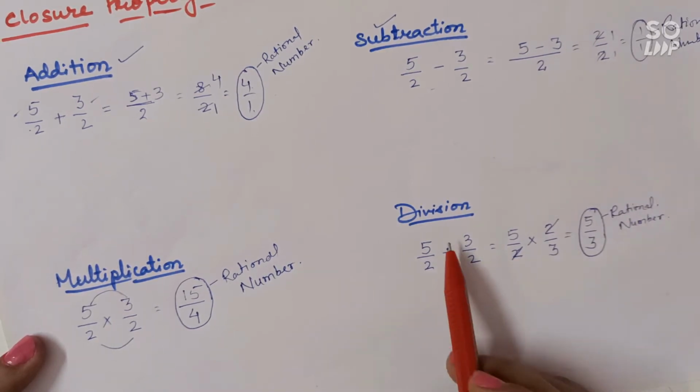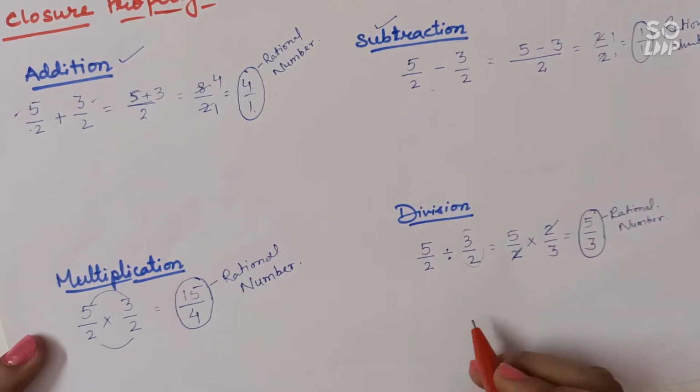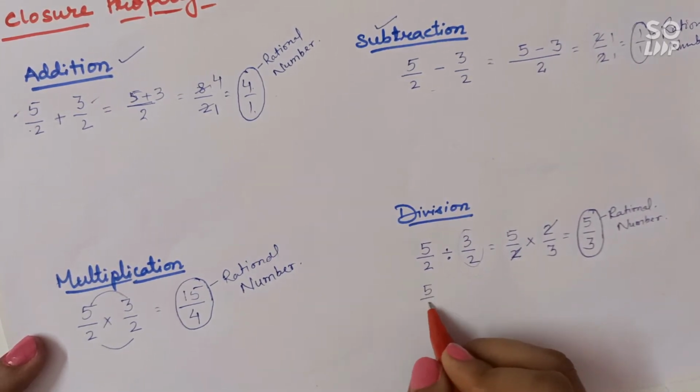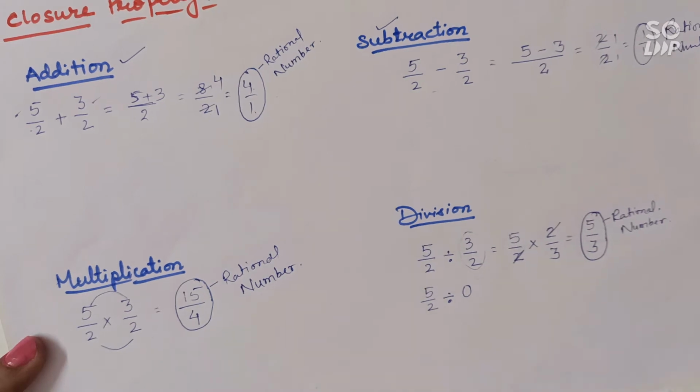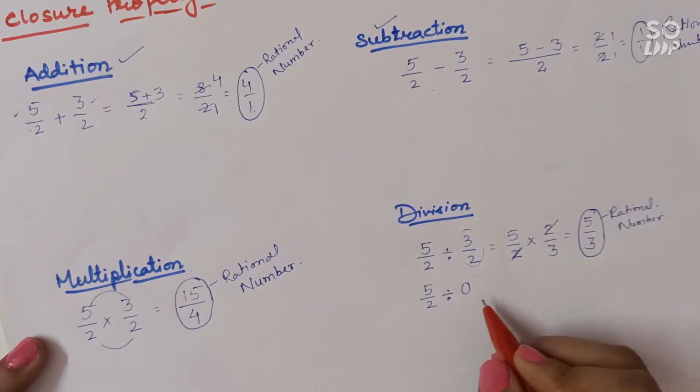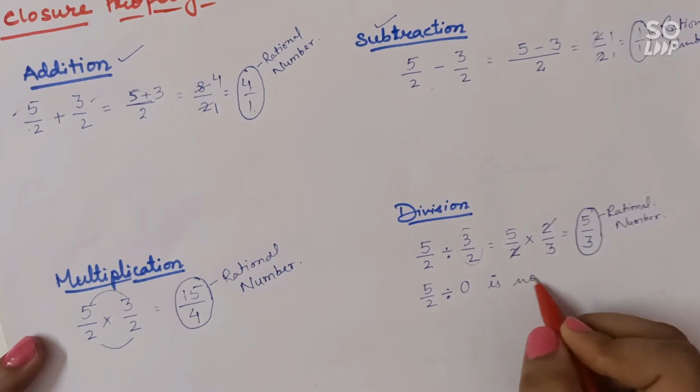But there is a condition. If the second number is 0, in case it is 5/2 divided by 0, is it going to give us a rational number? No. Anything divided by 0 is not defined.